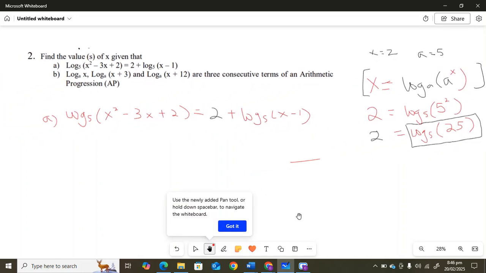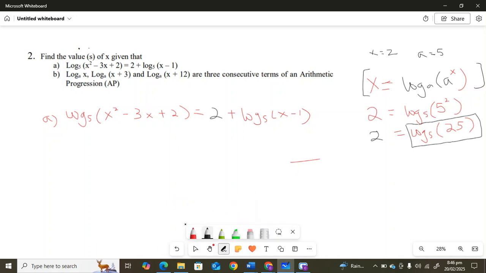Okay, so we rewrite our equation here. Log 5, x squared. It has to be in base 5, because if you just put log, that would be in base 10. So if you do log base 5, 25, then just write equals.